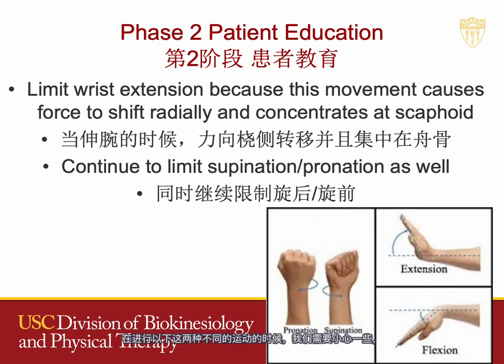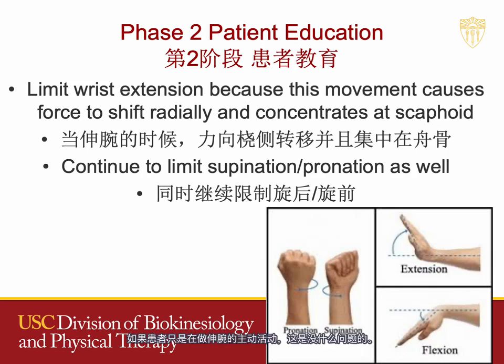There are 2 different movements that we have to be careful with. Wrist extension can actually cause more pressure essentially on the scaphoid. So we don't need to push them too much into wrist extension, especially like weight-bearing wrist extension, right?